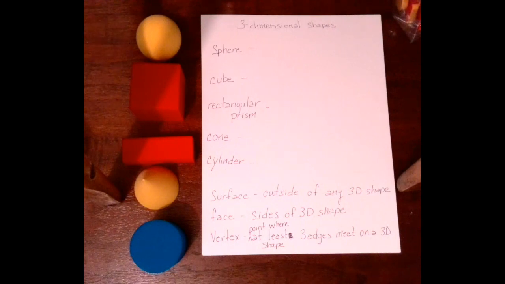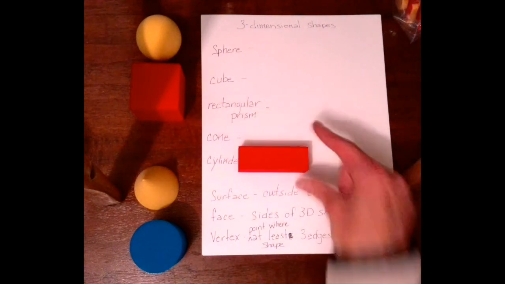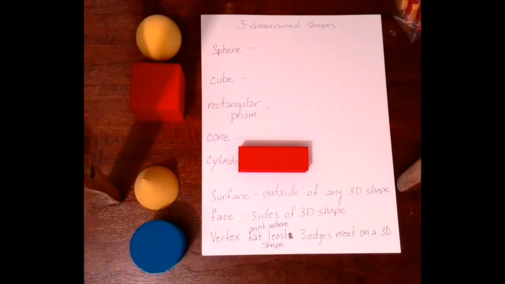So let me remind you what defining and non-defining mean. A defining attribute is what every shape has. If I was to describe a rectangular prism with defining attributes, every rectangular prism has this attribute.